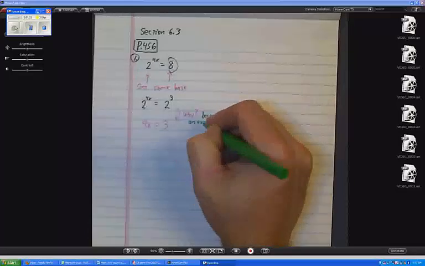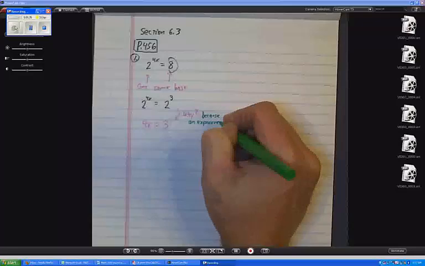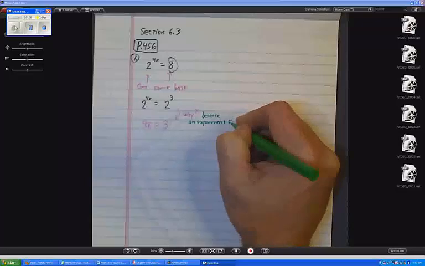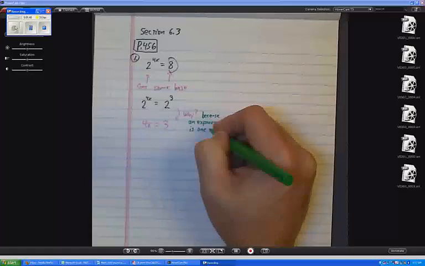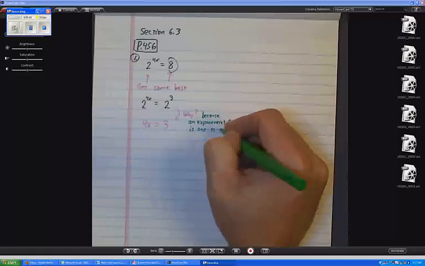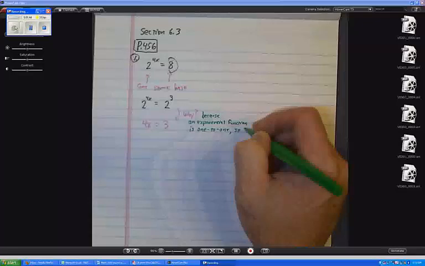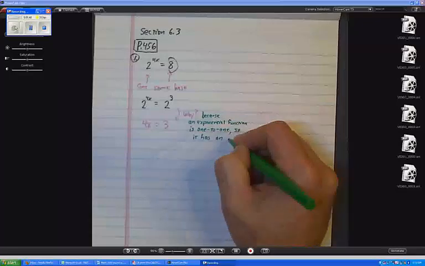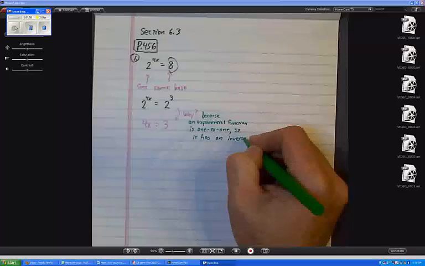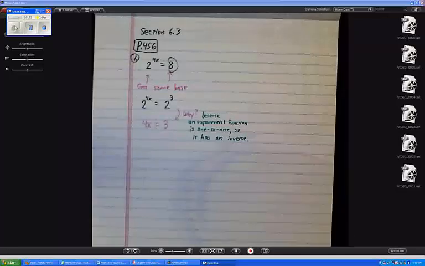an exponential function is 1-to-1, so it has an inverse. Here's what I mean.